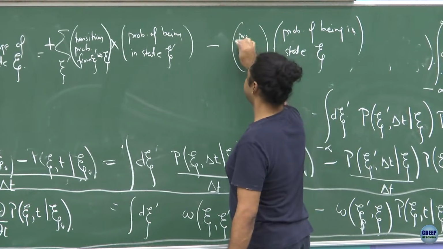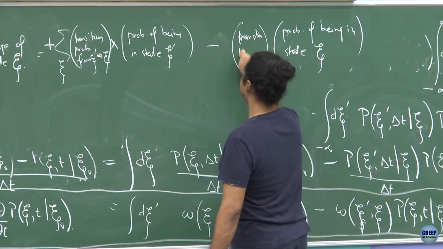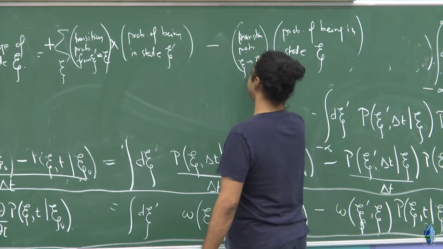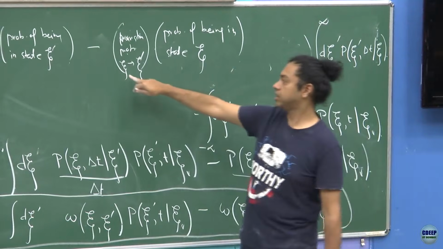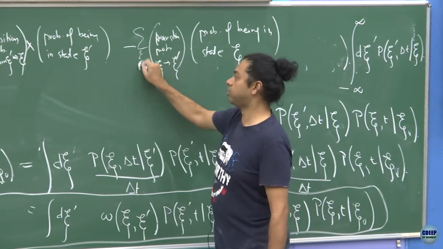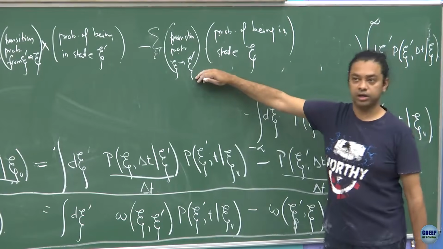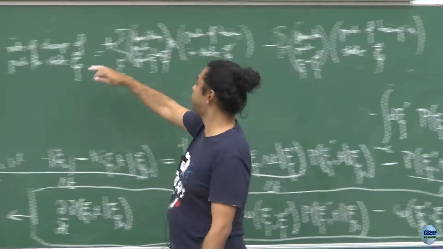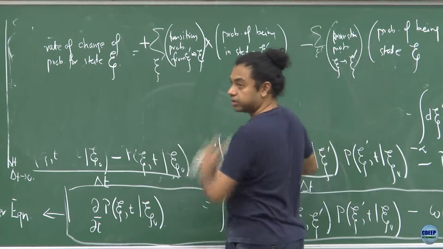That is the transition probability from xi to any other state xi prime. You sum over all of these xi primes, and that is your outgoing probability. Your net change of probability is the sum of your incoming and outgoing contributions.